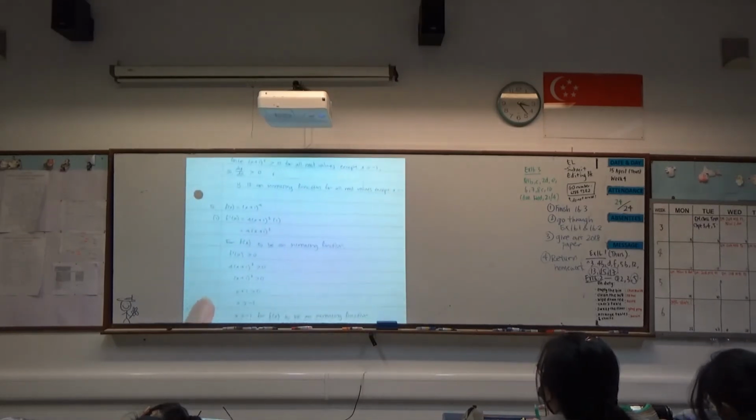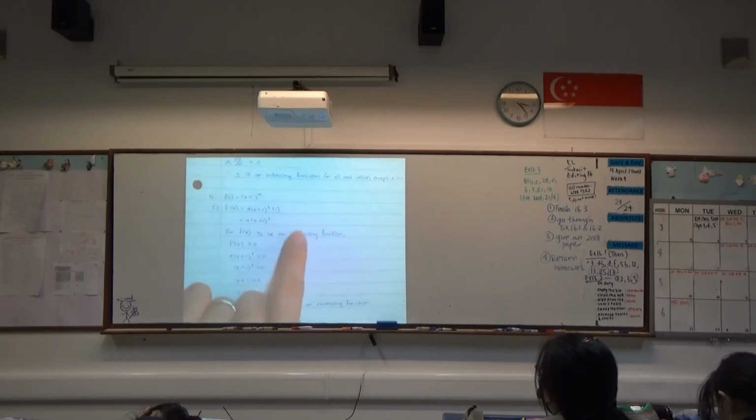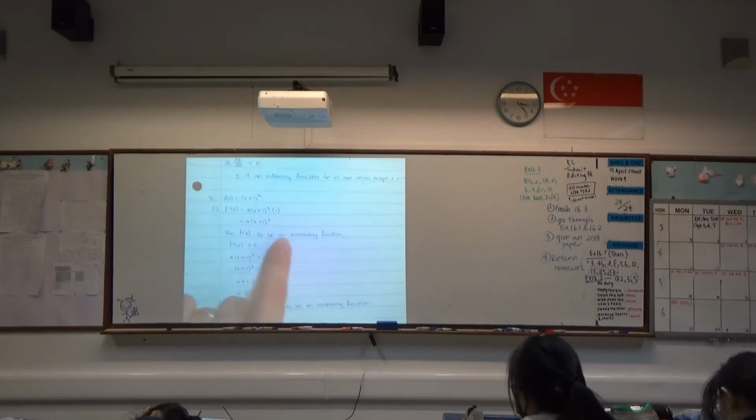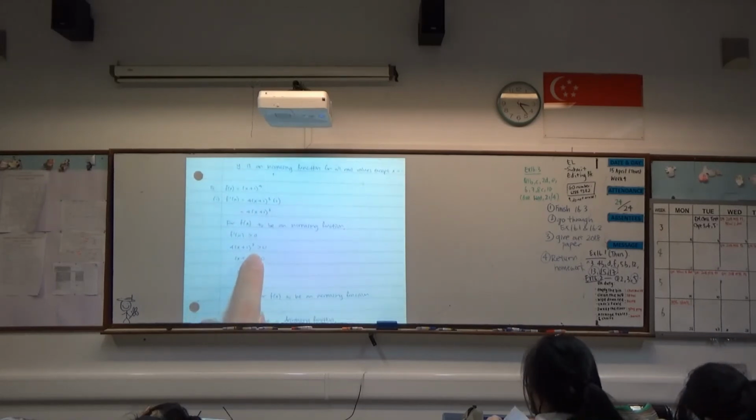That's why for question 5, you differentiate also. But because the question's condition is that it is an increasing function already, if this is going to be more than 0, what are the values of x that will turn out? We can divide by 4.